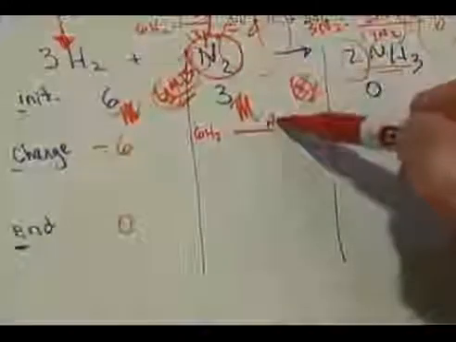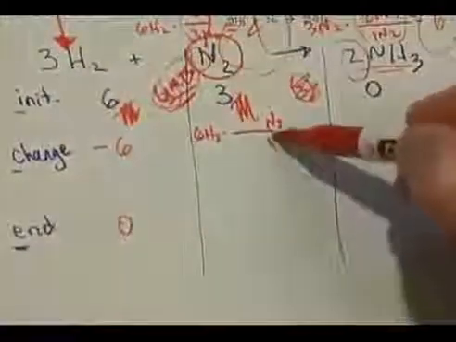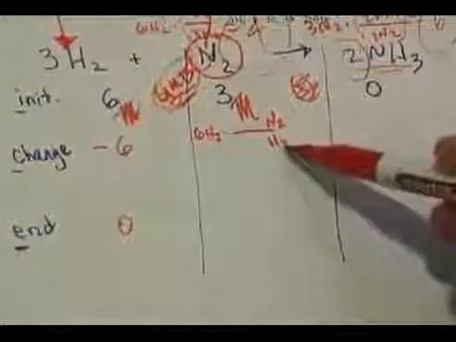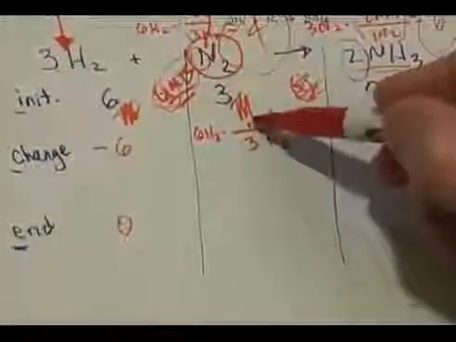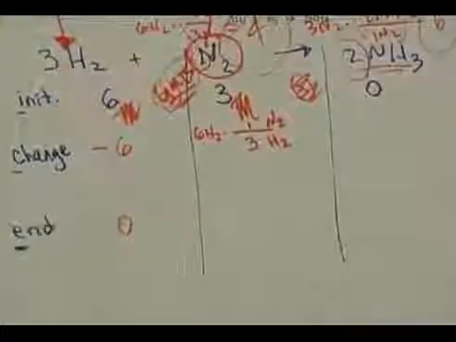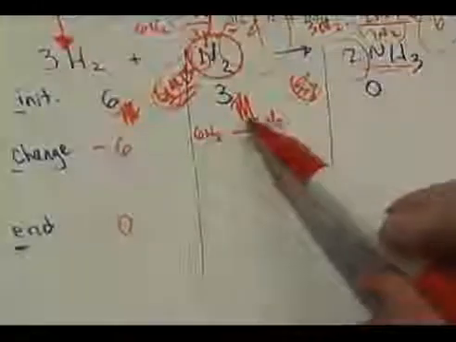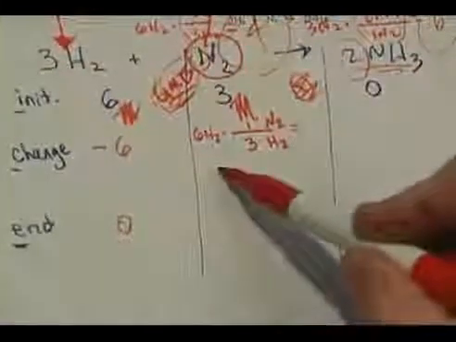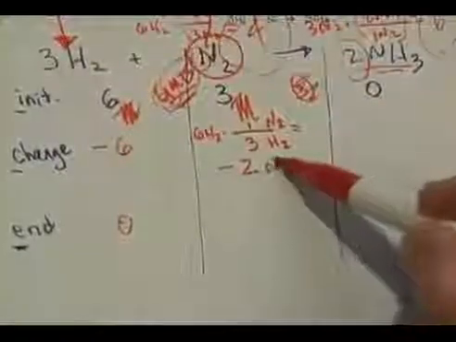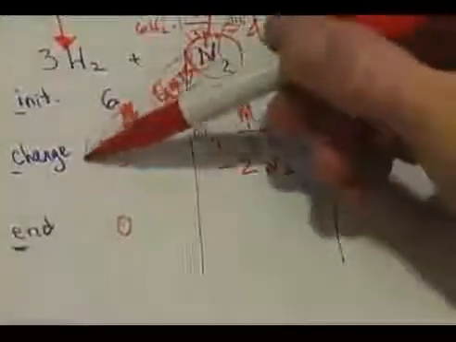Notice I'll put N2 as my new set of units, hydrogen as my set of units that I have right now, and I will have a 3 in front of the hydrogen and a 1 in front of the nitrogen, because these are the coefficients in front of the reactants in the balanced equation. 6 times 1 divided by 3 ends up equaling 2, which means I will lose 2 nitrogens when I react with all of my hydrogen.